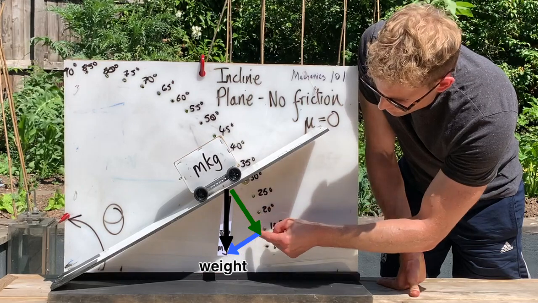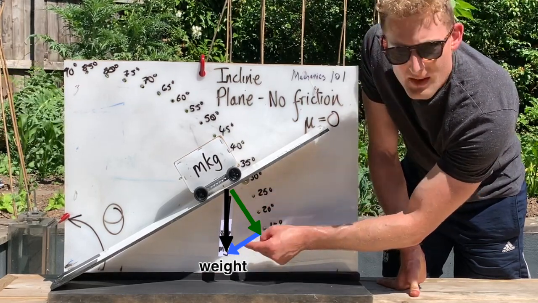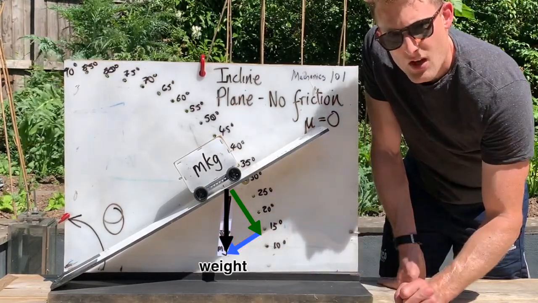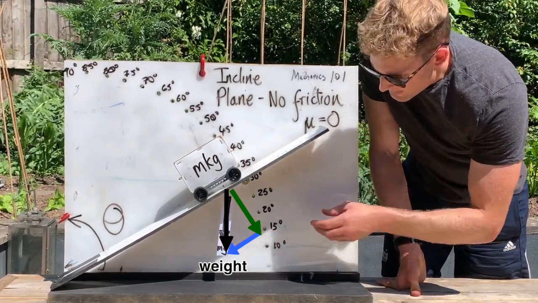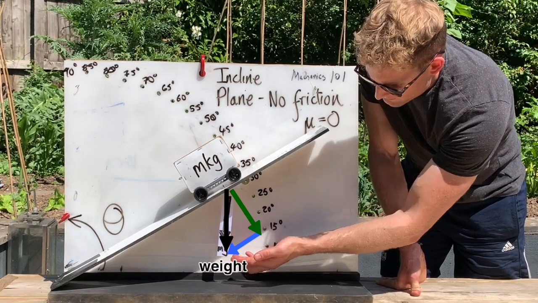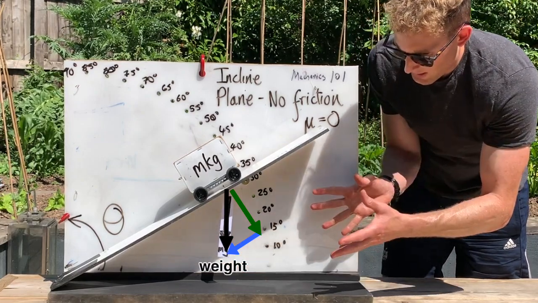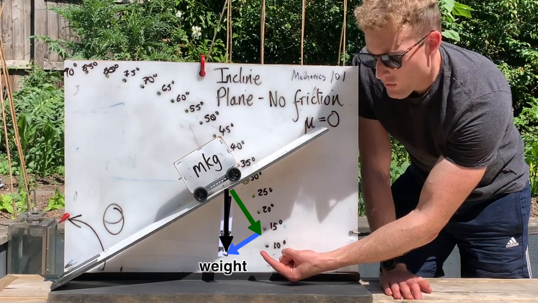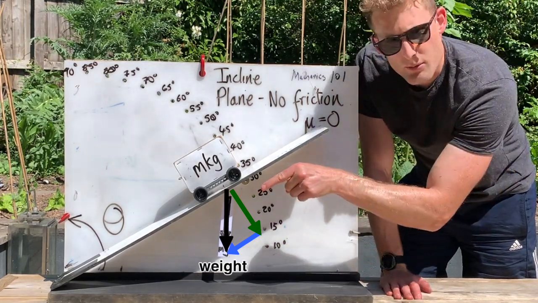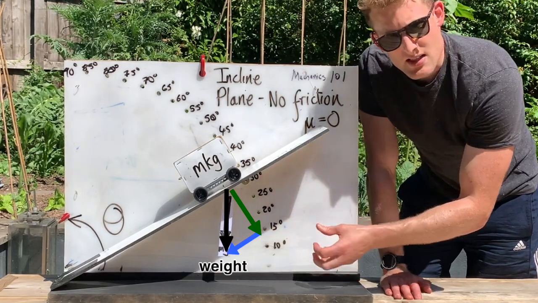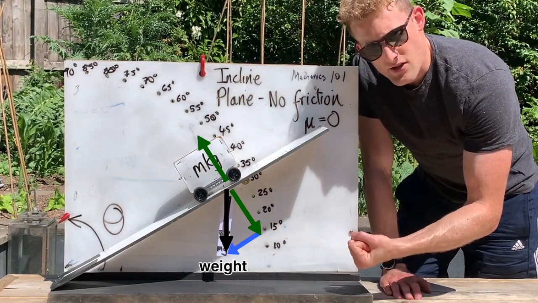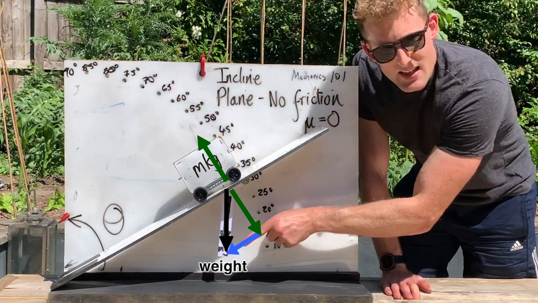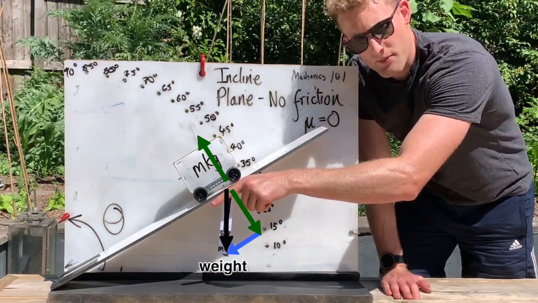The triangle we're going to draw here is going to be dictated by the angle in there. So we're going to draw this one up and label it up now. This component here is the one that makes the particle go down the slope. This component here is the one that provides the normal reaction force into the slope. So the bigger this force is here, the faster it's going to go down the slope.